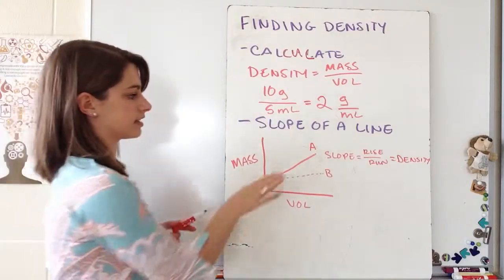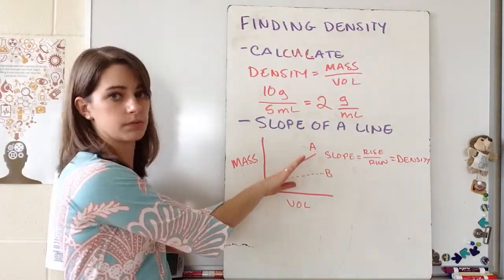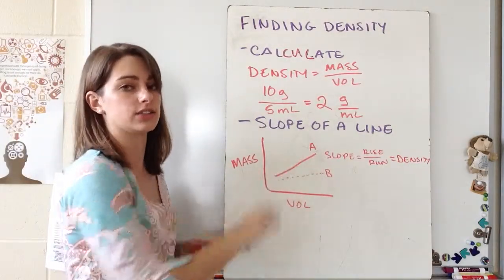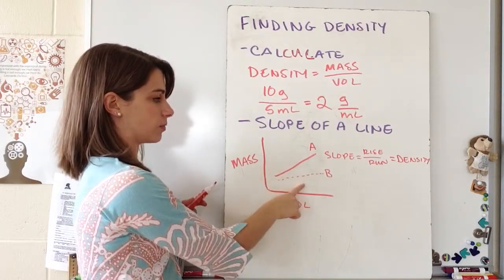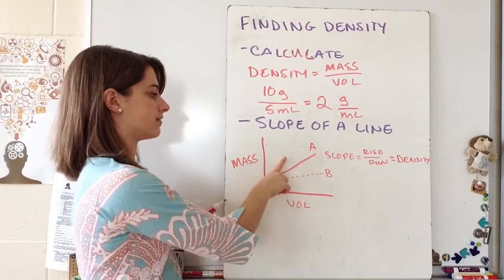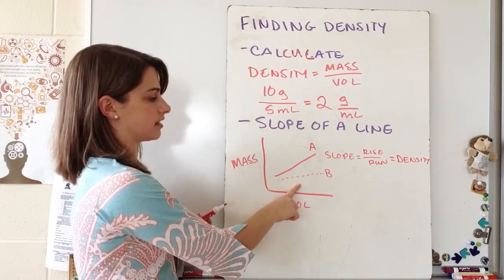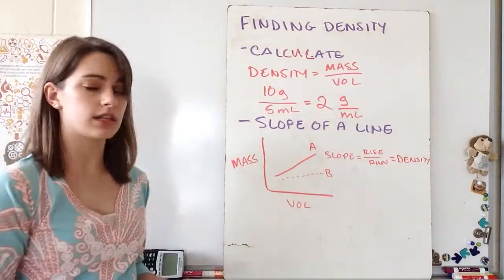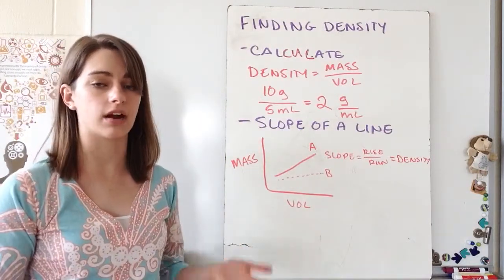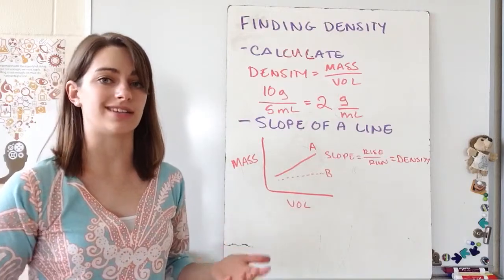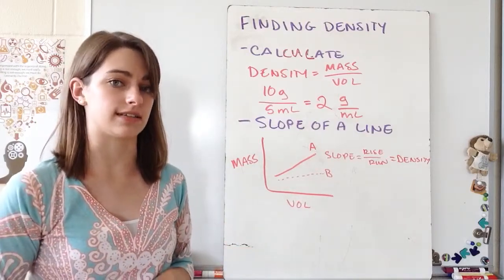I can tell that since A has a greater slope, because it's a steeper line, it's going to have a greater density. The slope of A is bigger than the slope of B. Therefore, the density of A is bigger than the density of B. So I can calculate the slope of the line if I want to know the actual density, or I can just compare the two lines. And whichever line is steeper, it will have the greater density.